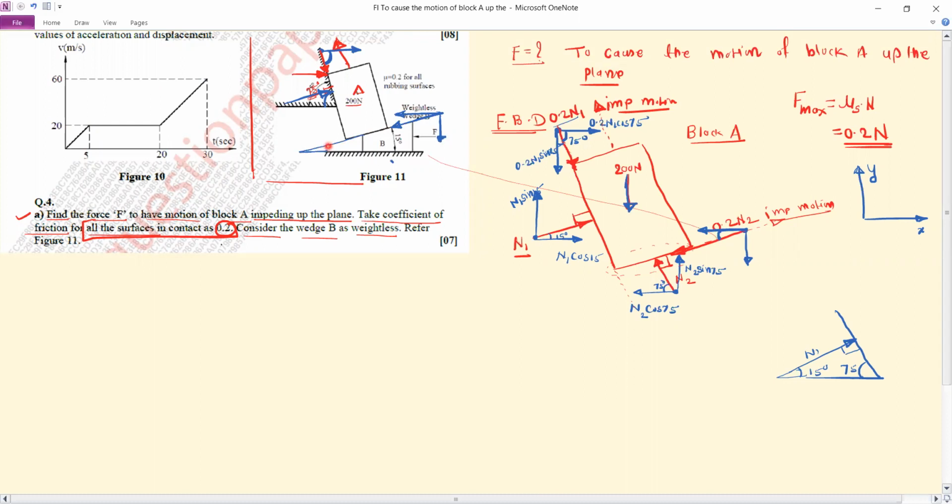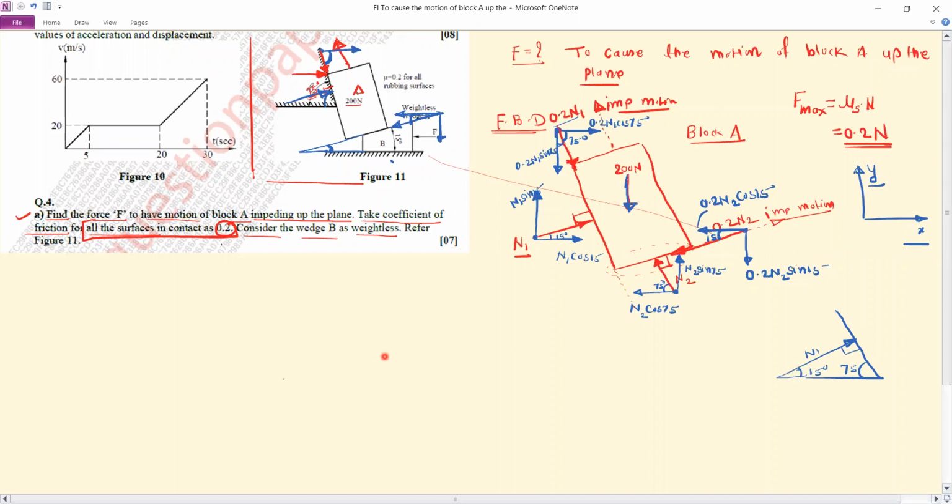So this angle is 15. And therefore, this line is parallel to this horizontal line. So this angle will be 15 because it is an alternate angle. Now, the y component is the opposite component. So it is 0.2 N2 sin 15. And this x component is 0.2 N2 cos 15. So here we have resolved all the forces along the reference x-axis and reference y-axis.